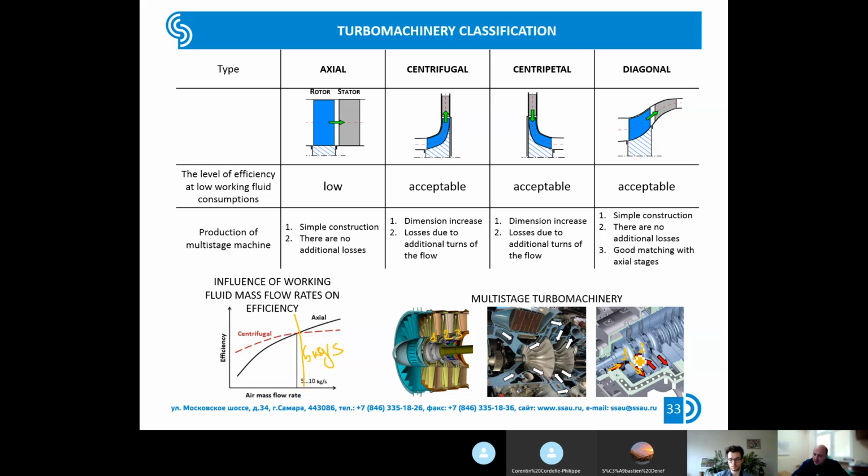At the second stage, it must come in at the lower radius and come out to the upper radius. That's why you need to turn the flow 3 times by 90 degrees and supply your air from this region to this region. These processes increase the complexity of the construction and lead to additional losses.